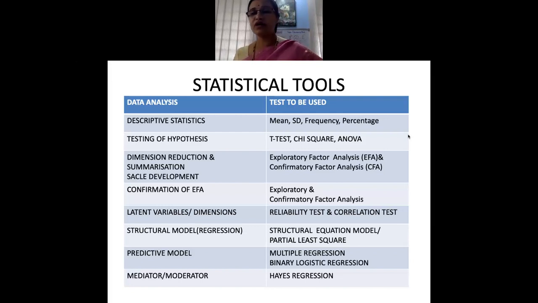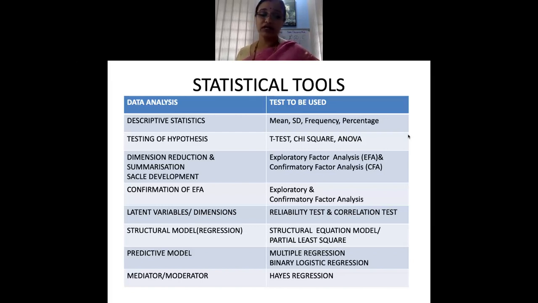But as far as statistics is concerned, today you have a lot of packages. You have Smart PLS, you have SPSS, you have R, you have SEM, you have AMOS. So a lot of statistical tools are available. Even for econometrics, you have EViews, you have Stata. R again is used for econometrics.